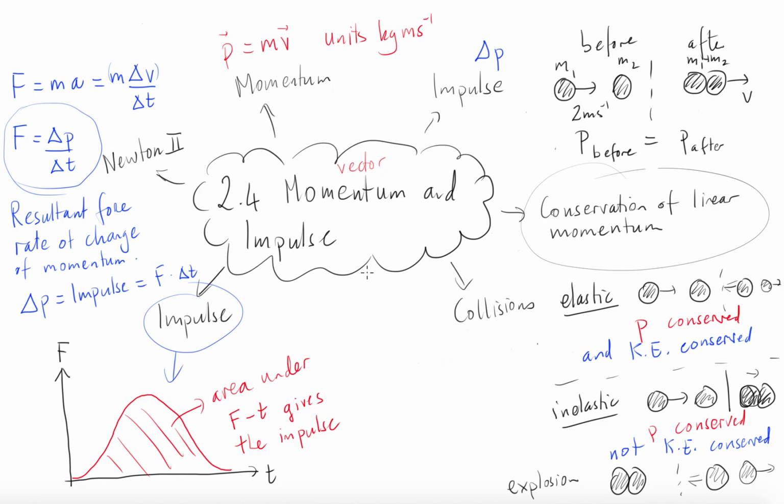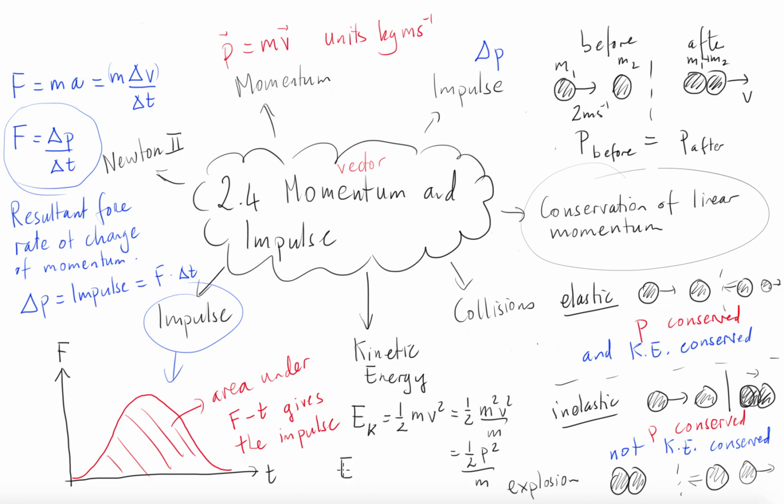We should also add that we can express kinetic energy in terms of momentum, because kinetic energy is equal to a half mv squared, which is the same as a half m squared v squared divided by m, which is the same as a half times p squared divided by m.